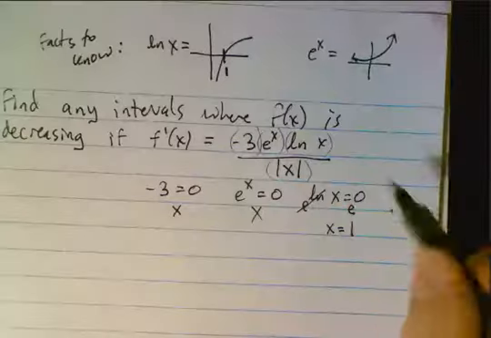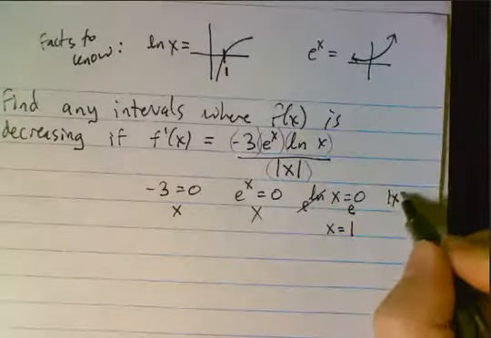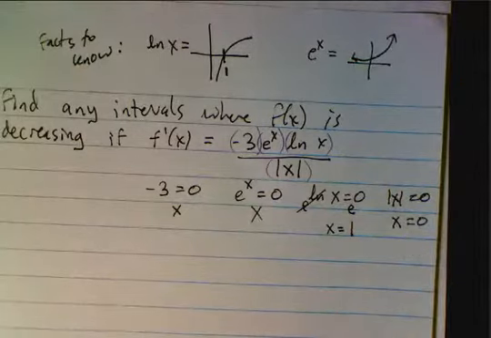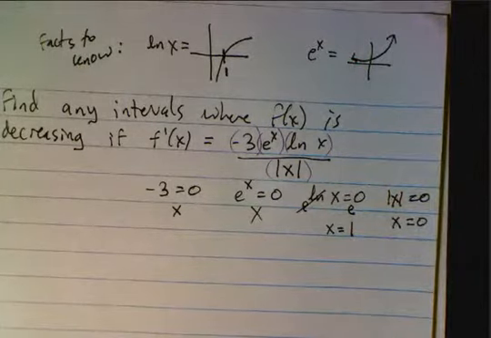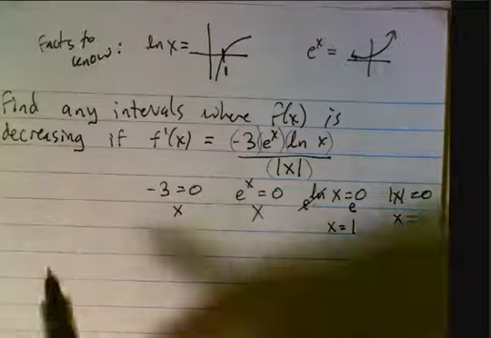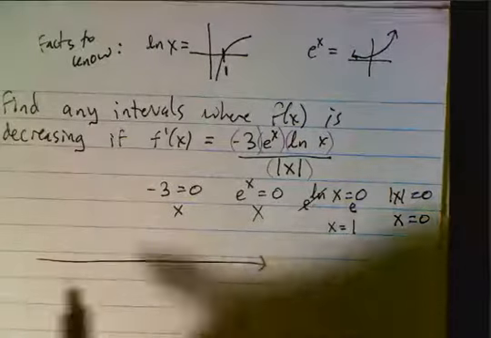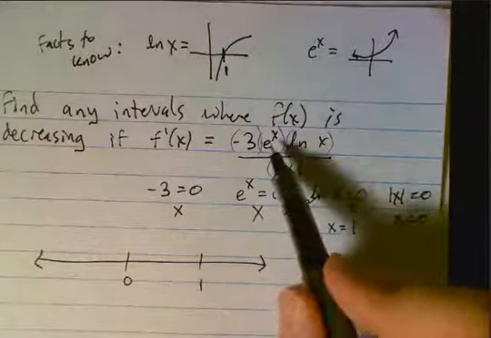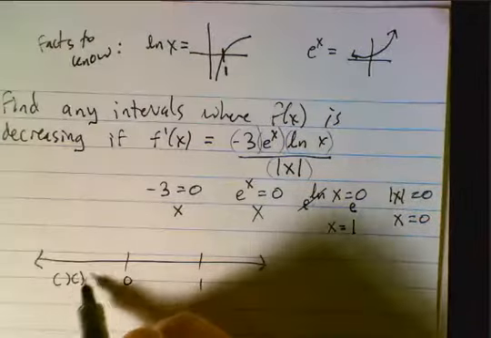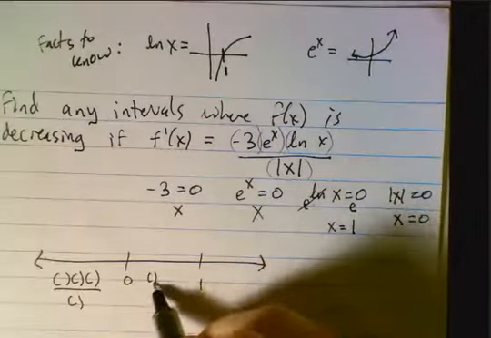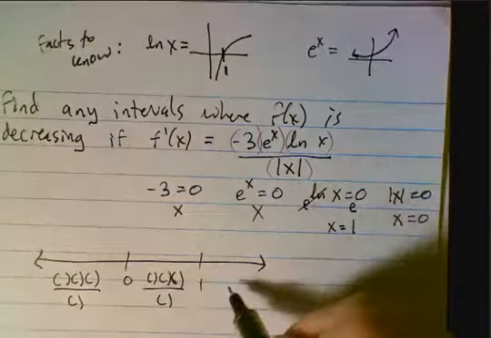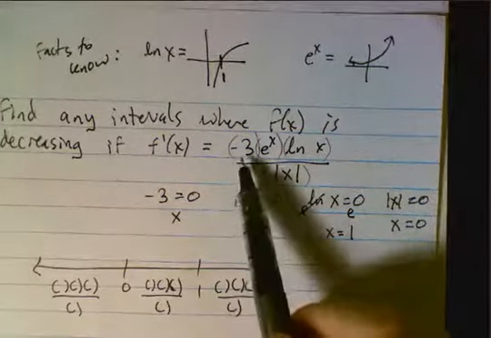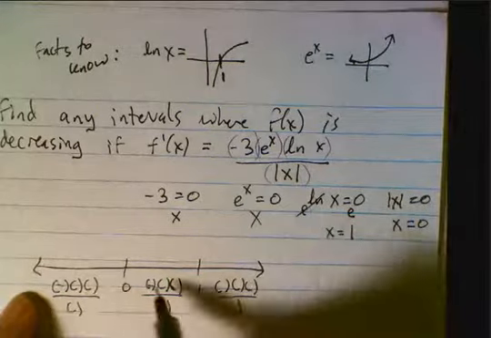Okay, our final one is absolute value of x equals 0. Well, when x equals 0, if we make it positive, it still equals 0. So we actually only have two numbers to put on our sign chart, 0 and 1, but we have 1, 2, 3, 4 factors. -3 is always negative.